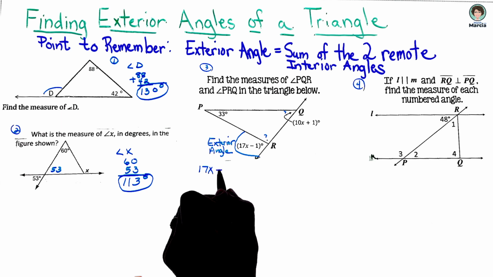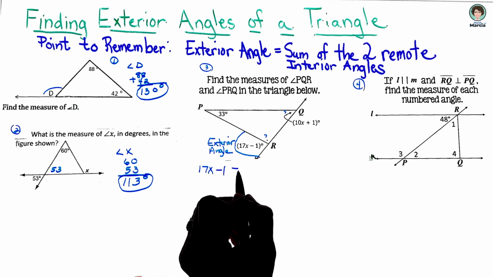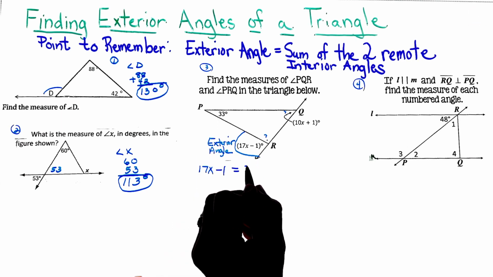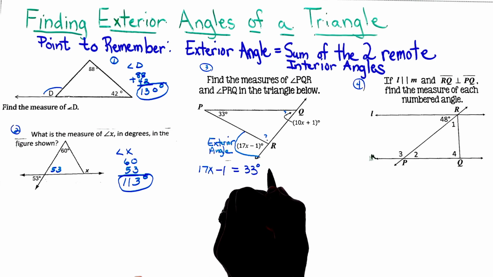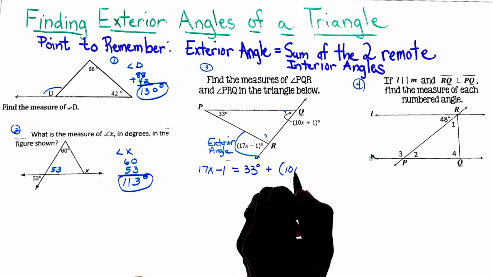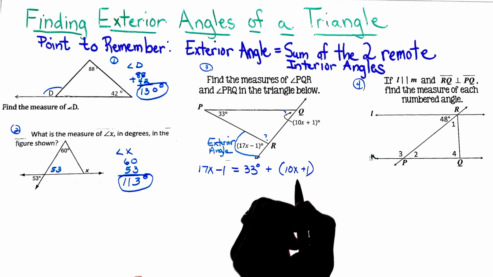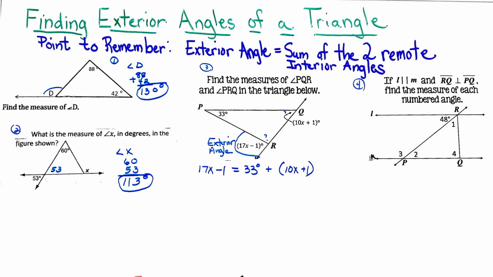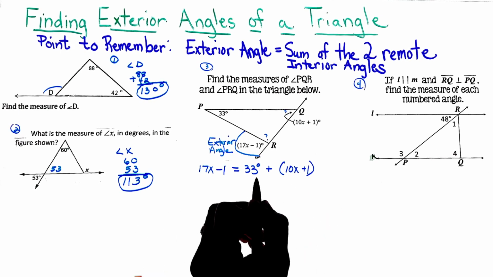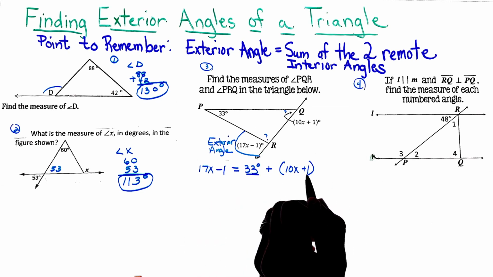So 7x minus 1, the exterior angle, is equal to, here we have 33 degrees plus our 10x plus 1. Okay, so now we know we need to put together our like terms before we move anything. So I'm going to put together my 33 and my 1.